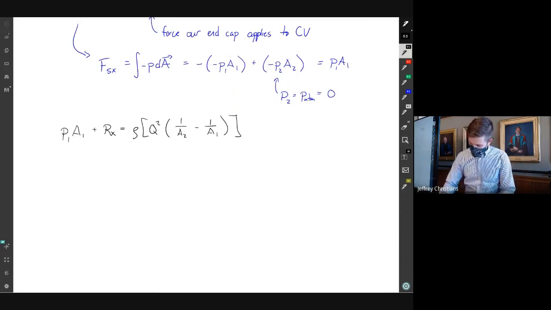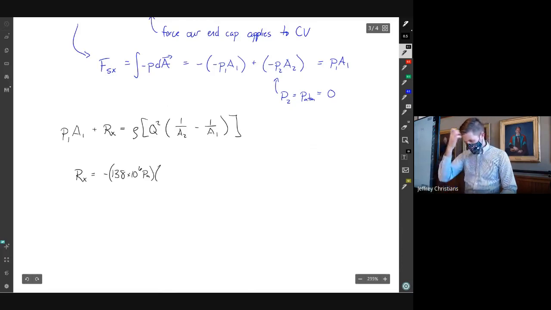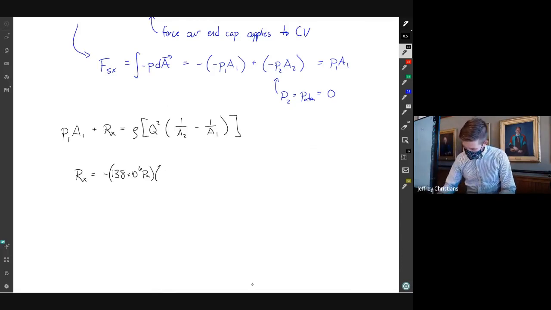And then if we plug in numbers, this would be Rx equals minus 138 times 10 to the 6 pascals times A1, which is pi over 4 times, what is it, 100 millimeters, so 0.1 meters, squared.